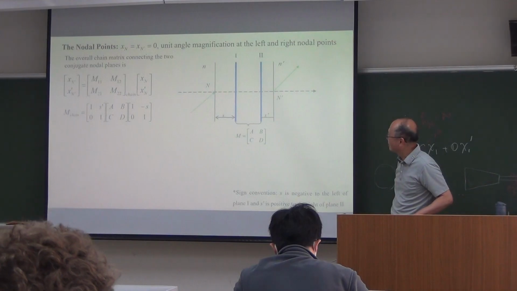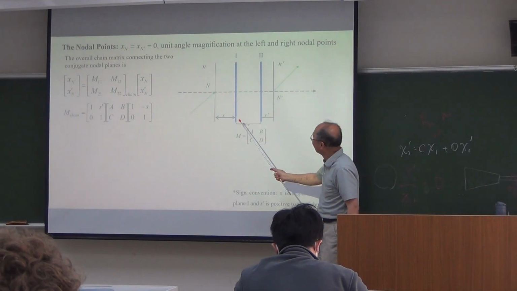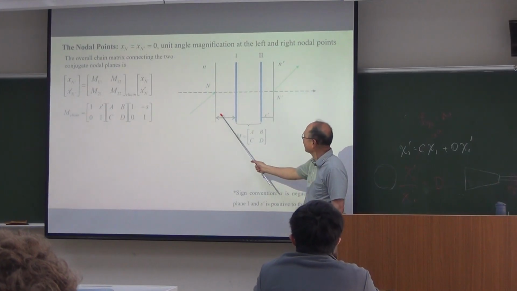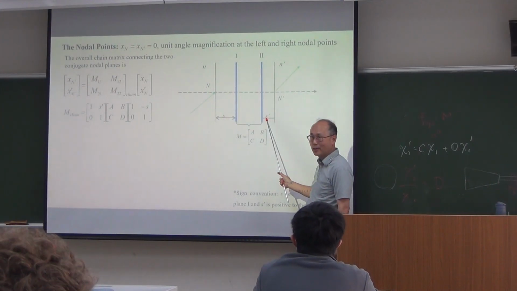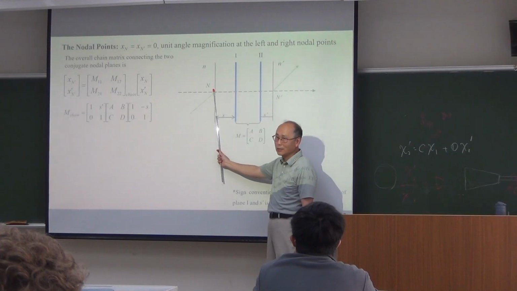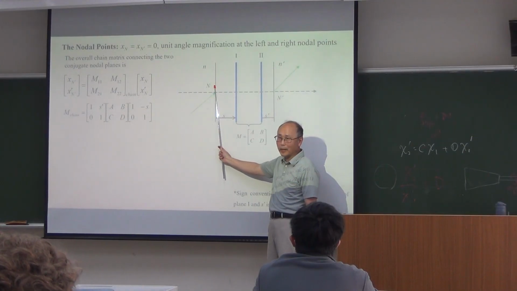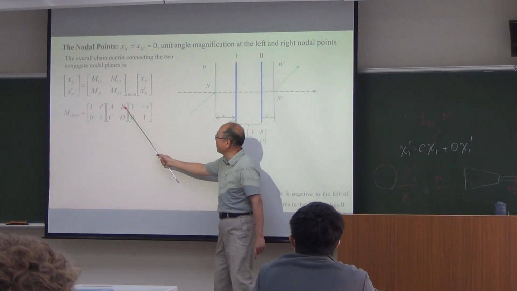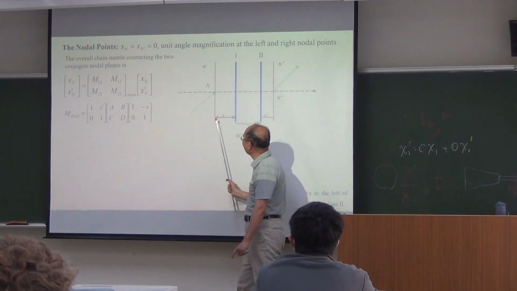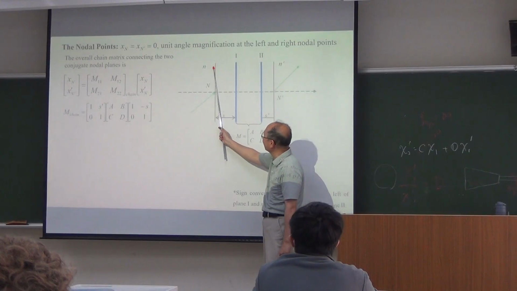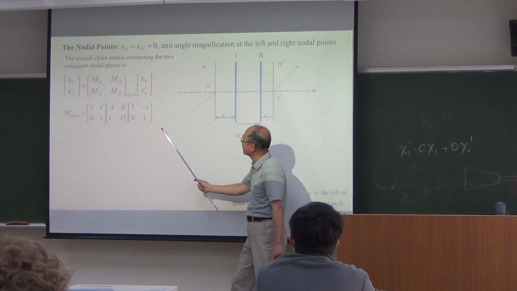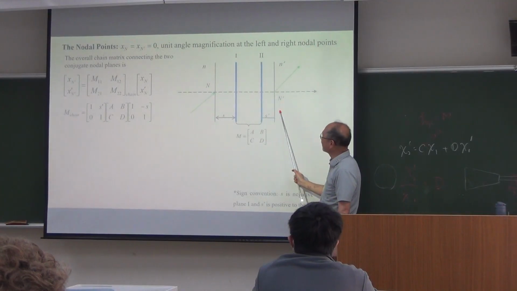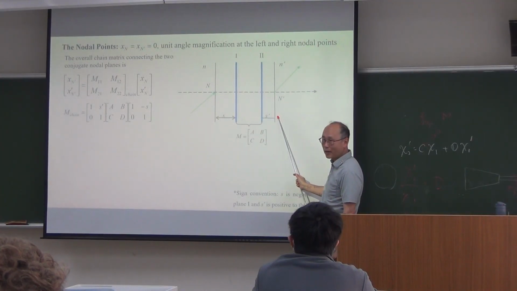So you construct this. If you want to know where this plane is, but you don't know where it is, you give some variable s prime, and then set this as the input plane and this as the output plane. So your optical system has this ABCD matrix. But then, if you want to identify this plane, you add some distance right here. Imagine that this is your right nodal plane.